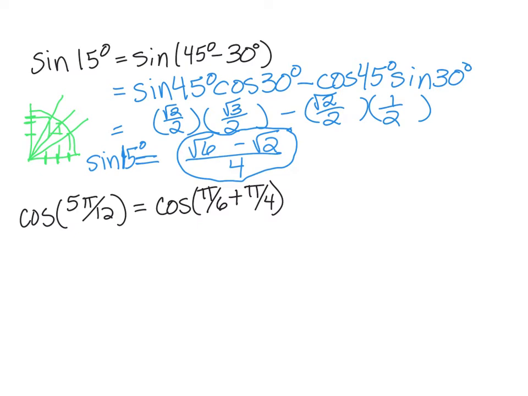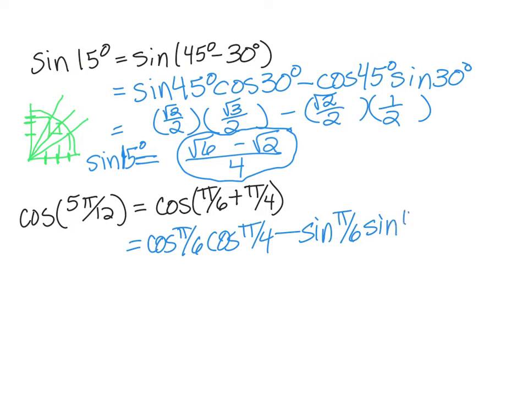All right, cosine of the sum is cosine, cosine, and then the sum becomes subtraction, sine, sine. These are common angles. Cosine of a 30 is root 3 over 2.